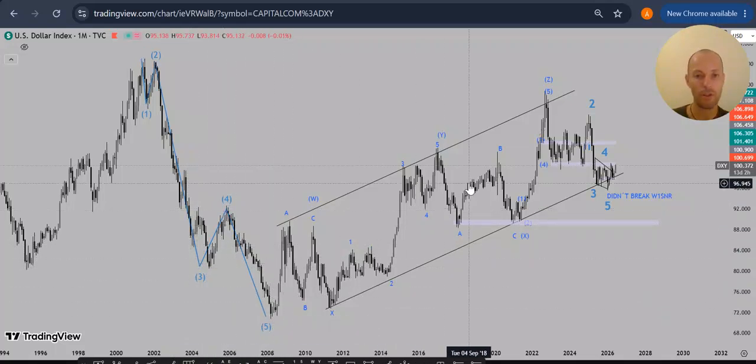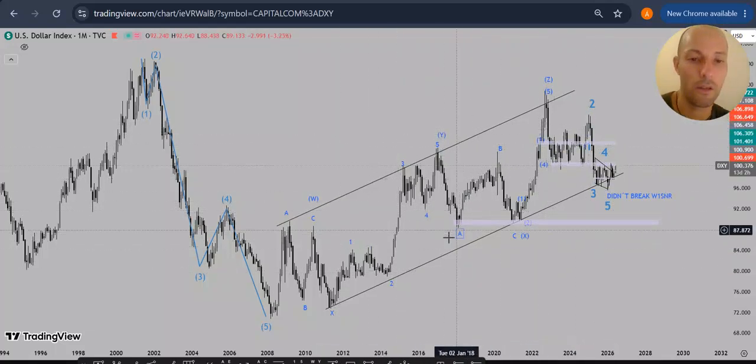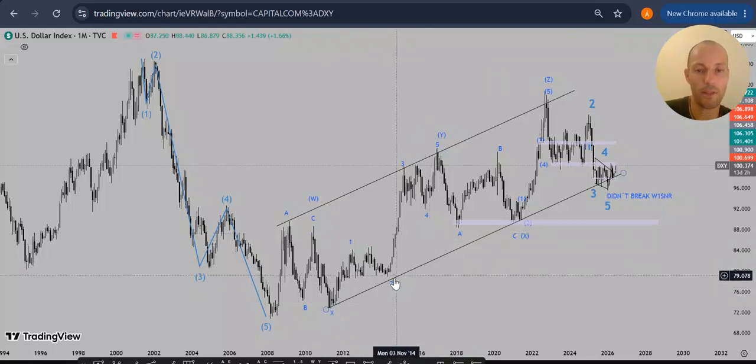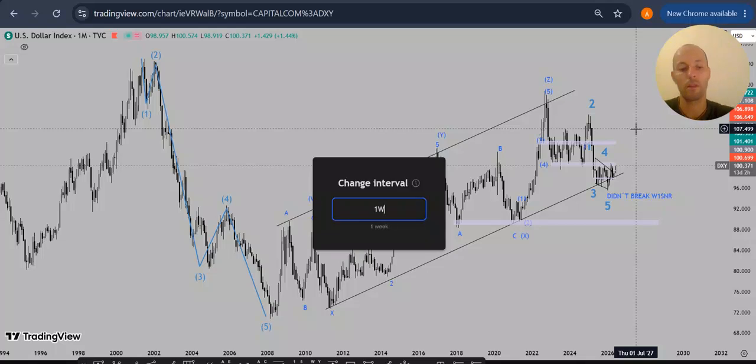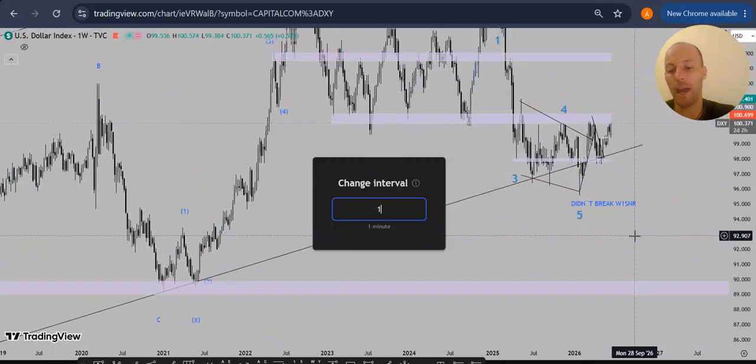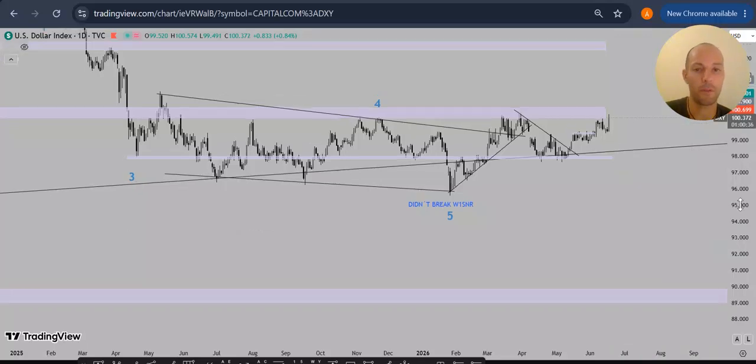And with all this channel here, this looks like a correction. But let's see how beautifully price has respected the channel. Okay, let's go back to the weekly. Actually, let's go down to the daily time frame.